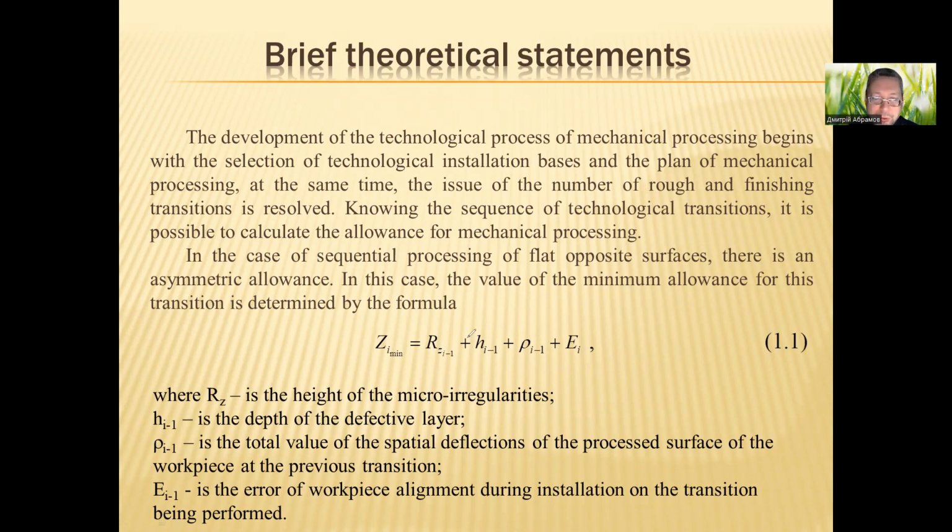In this formula, R sub Z i-1 is the height of the micro irregularities, its roughness. H sub i-1 is the depth of the defective layer.